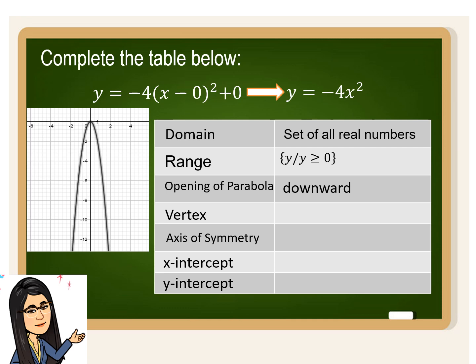Our vertex is at (0, 0). The axis of symmetry is x equals 0. By looking at the graph, what is the point that touches the x-axis? Our x-intercept is x equals 0. At the same time, if x equals 0, the y-intercept is 0.